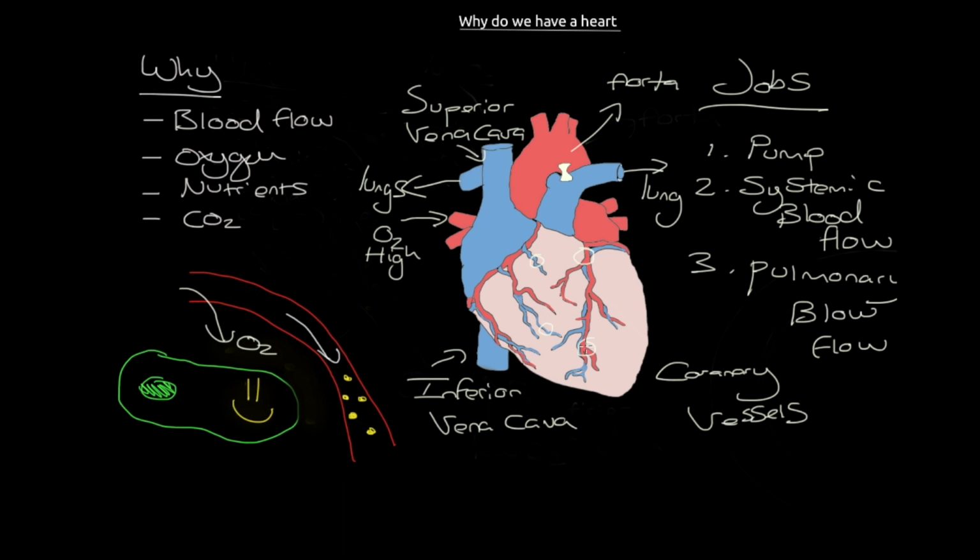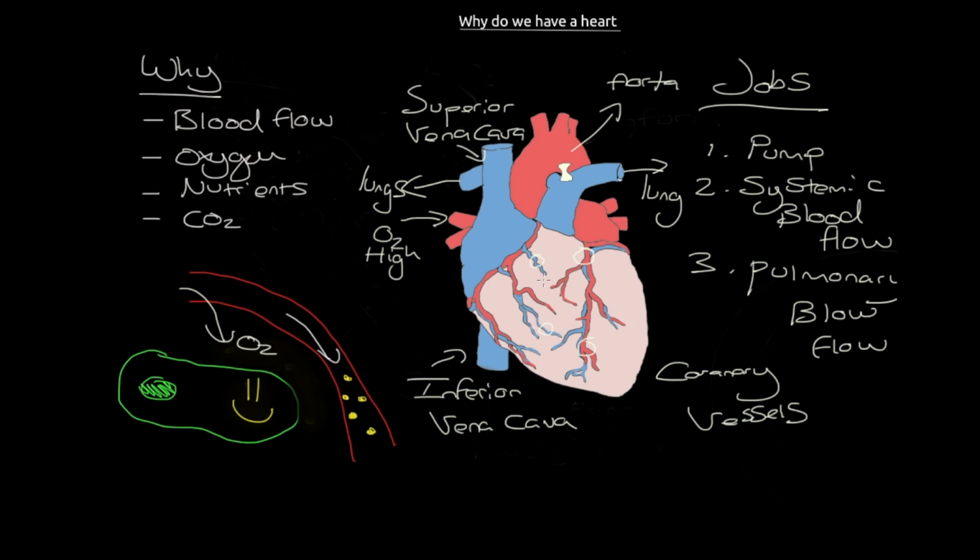So the red ones are the arteries. They bring the high oxygen blood to the heart cells. So the heart is essentially, again, made up of cells that require the same thing. They need the oxygen and the nutrients, and they make carbon dioxide, and they need to release that carbon dioxide. So the high oxygen rich blood comes to them through the red vessels there.